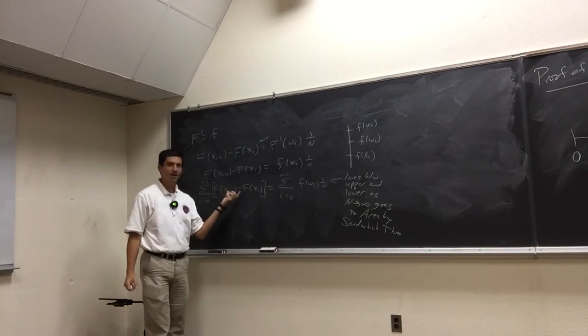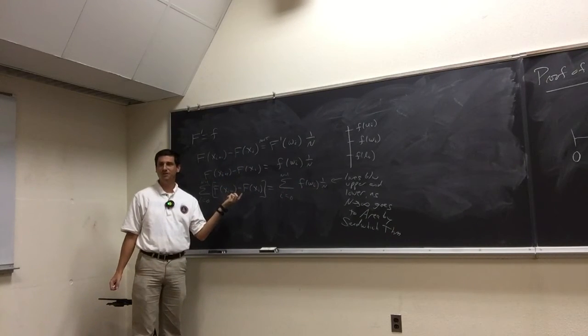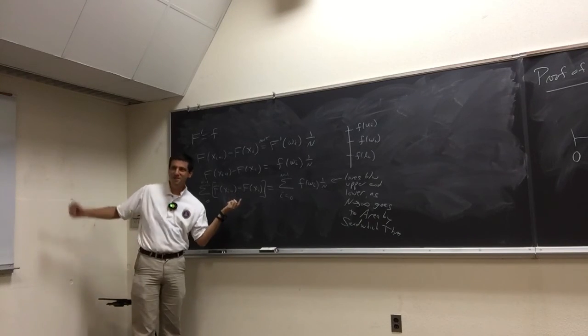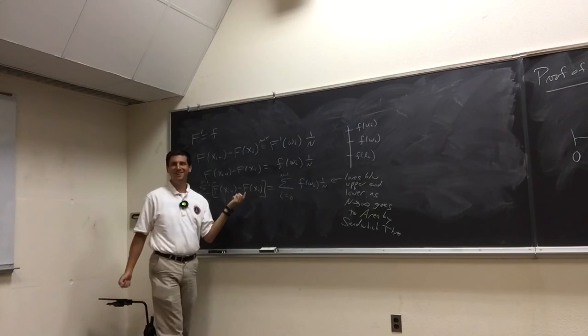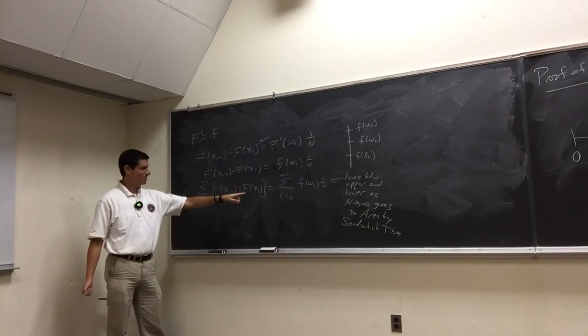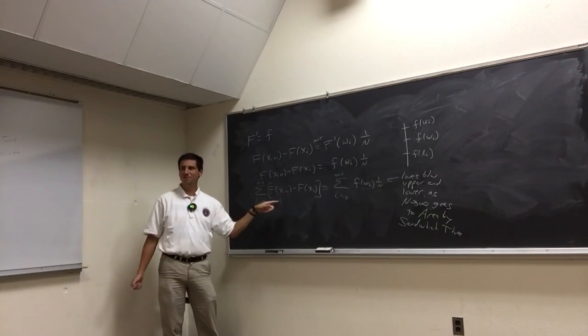Now the left-hand side, what does this go to as n goes to infinity? What kind of sum is this? It's a telescoping sum, right? All the stuff cancels except the first and the last.